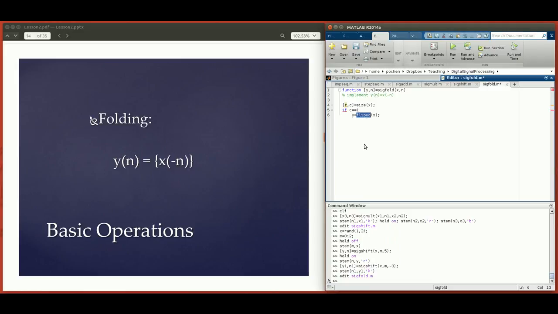So the last element in the vector is going to become the first element. If it is a column vector, you use flip up down to reverse the order of the elements inside that vector.